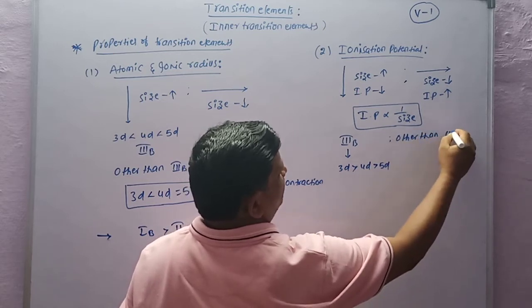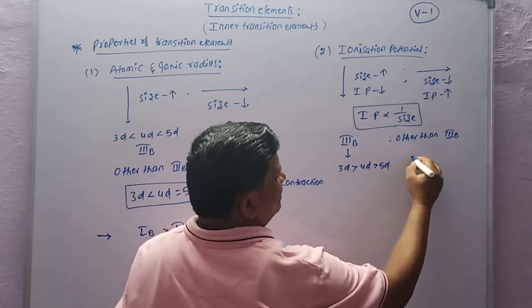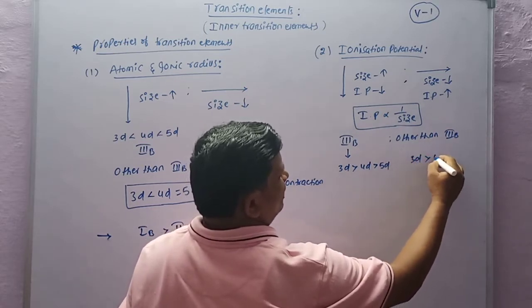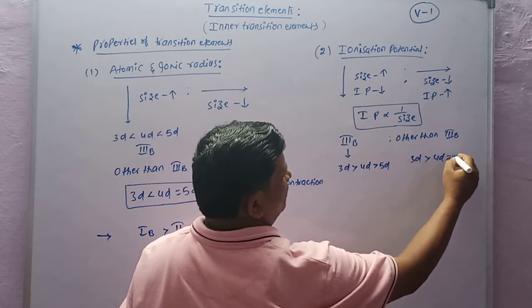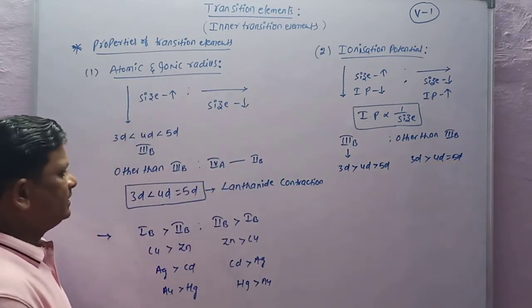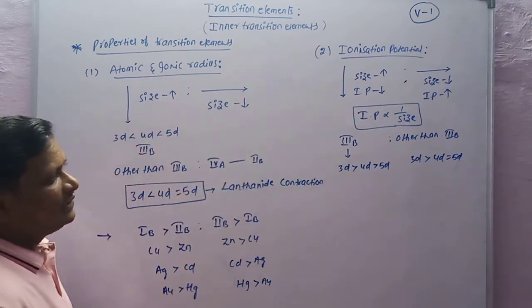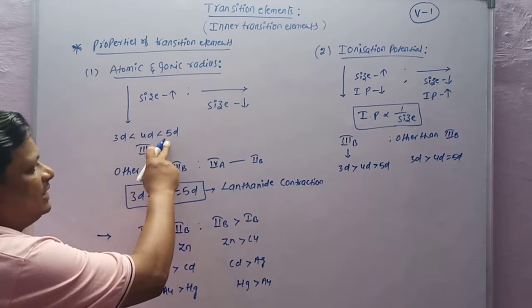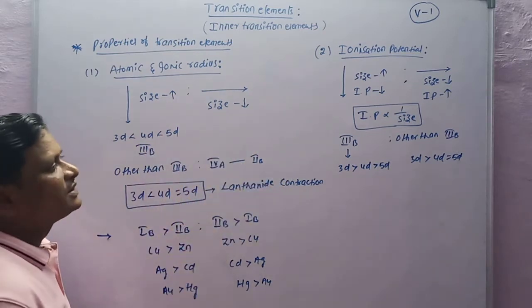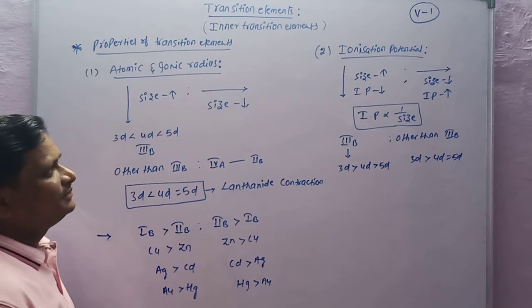Other than third B group, 3D is greater than 4D, which is equal to 5D in IP values. So size is inversely proportional to ionization potential.